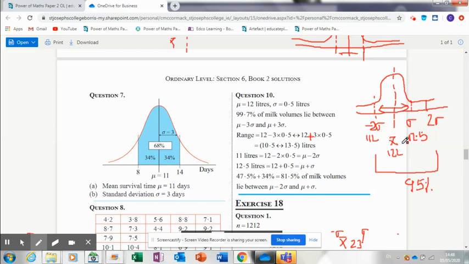Right? But I'm not including this part here. So I have to figure out what percentage that's worth. So I know that between here and here, I've 95%. Divided by 2 is 47.5.